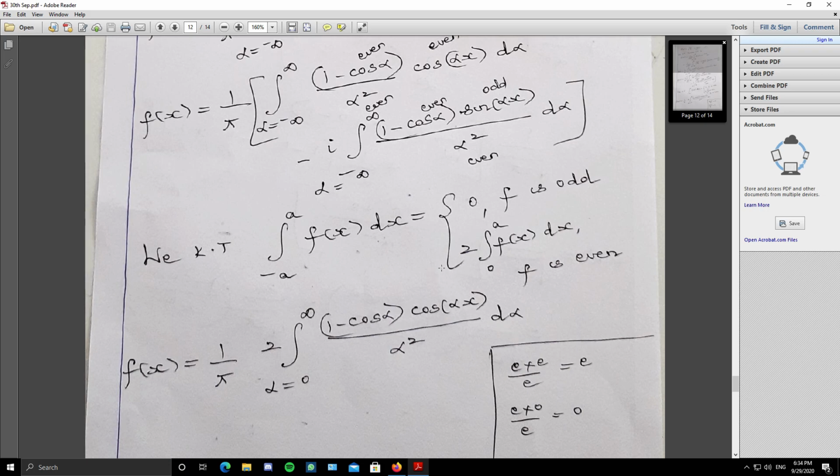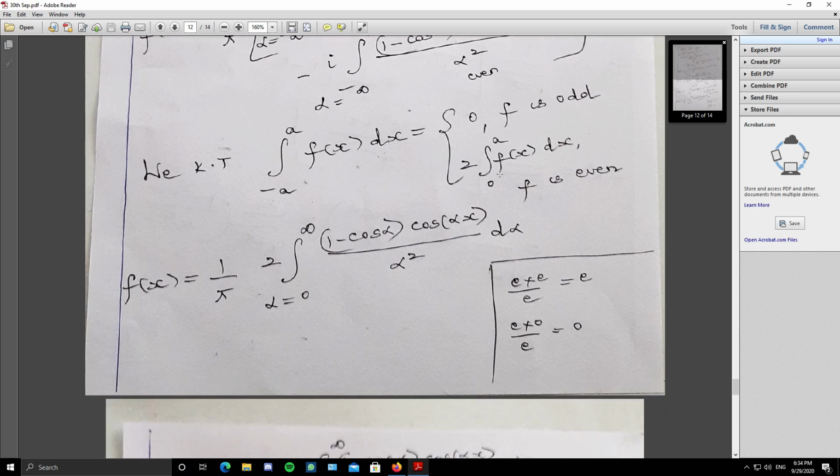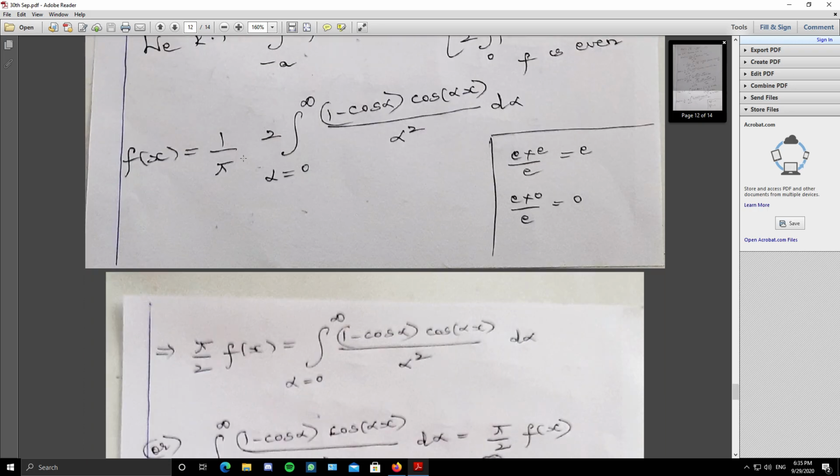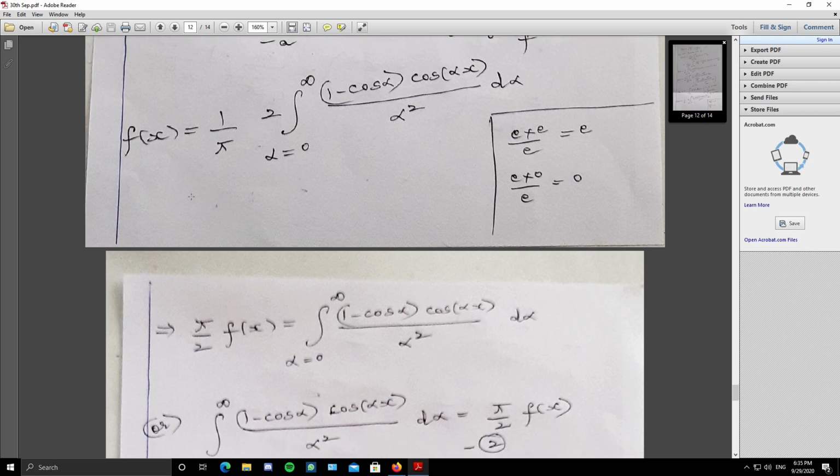See, all the problems are of same type. You have to make use of this property of definite integrals, then only it will be easy to get the answer. So second integral is odd, so the value of the second integral is 0. First integral is 2 times 0 to infinity (1 minus cos alpha) by alpha square cos alpha x d alpha. Then we have f of x equals 2 by pi times that. Then the 2 by pi is multiplied with the left side.